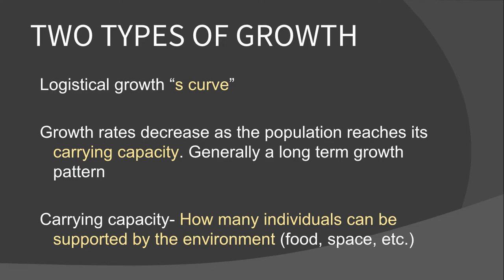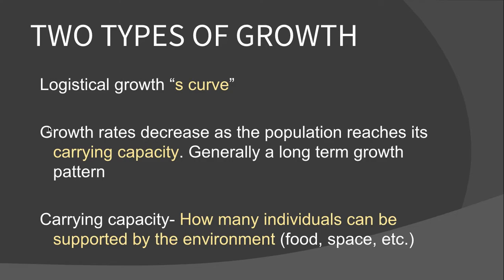The other type is logistical growth, and it's called an S-curve, and you'll see why in just a second. So the growth rates will start to slow down or decrease as we reach carrying capacity. And with things like plants and animals or other animals besides people, we can observe this, and it's a long-term pattern. All right, your carrying capacity is just what it sounds like.